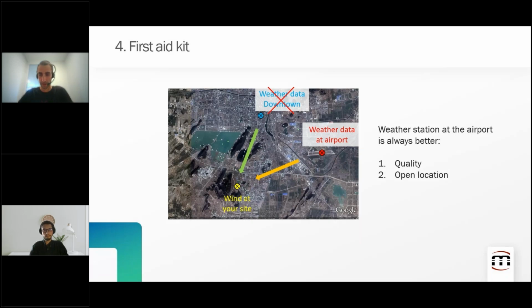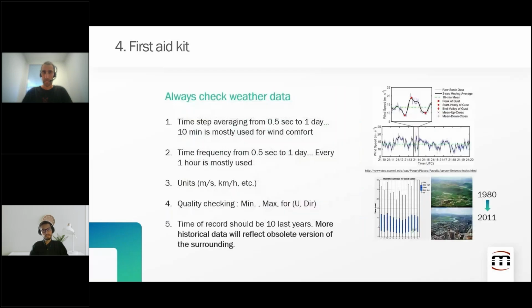Okay, this is the first thing. The second thing, on the next slide, is to always check the weather data. There are 5 rules to follow.